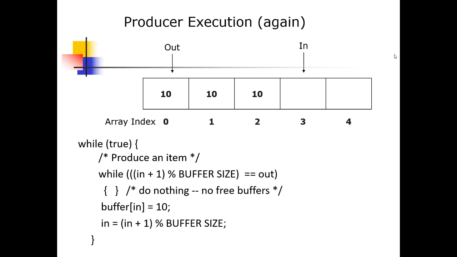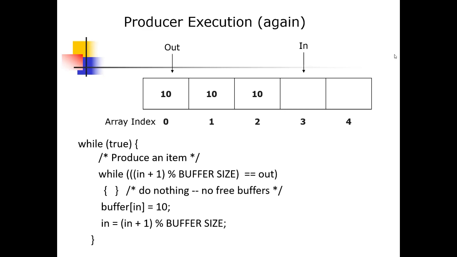Yes. There are a few responses. I think some of them are correct. The while loop condition is false, because the current in value is 3. 3 plus 1 is 4. 4 mod 5, the remainder is 4. 4 not equal to out, so 4 not equal to 0, so it is false.